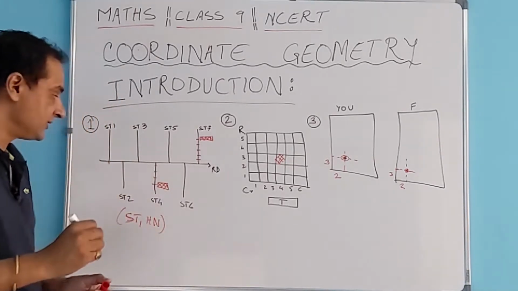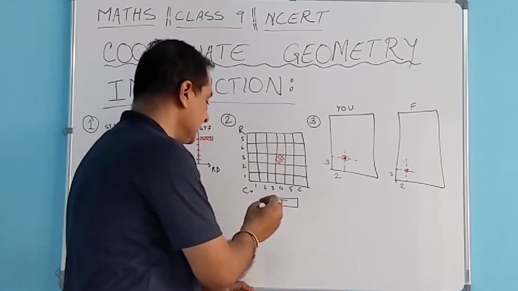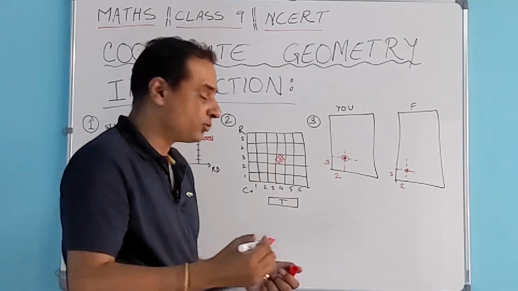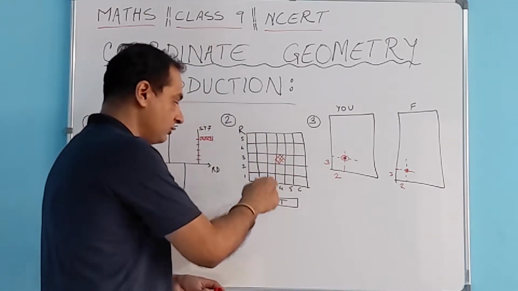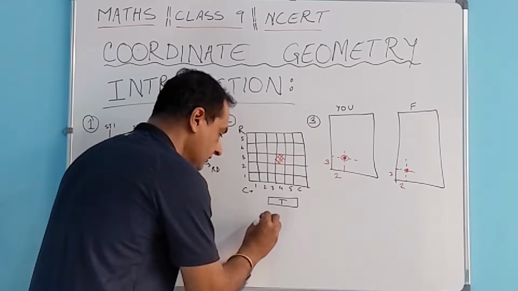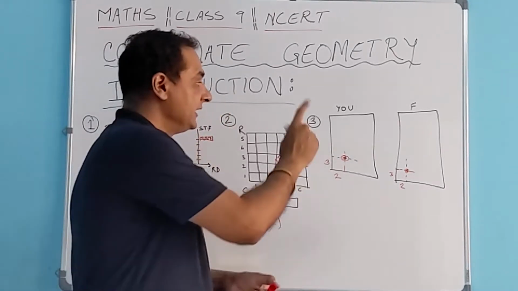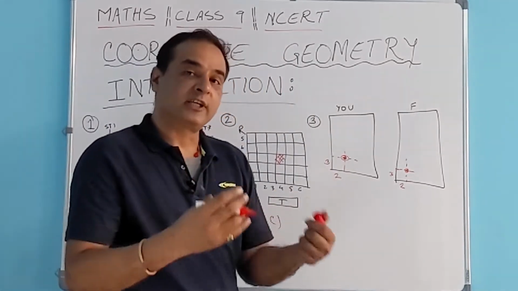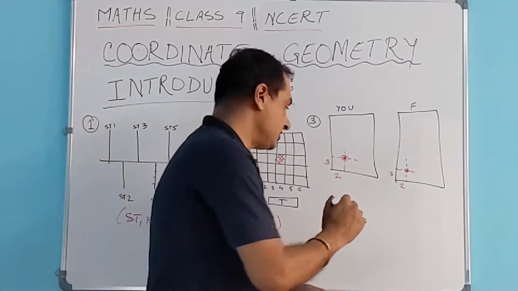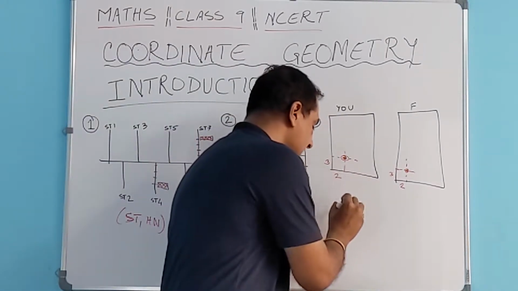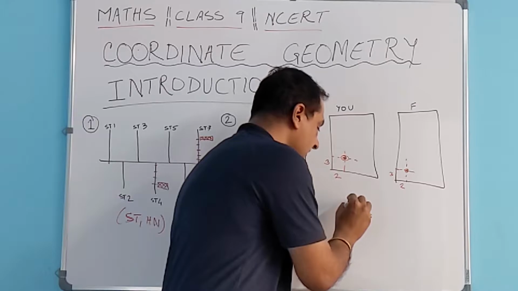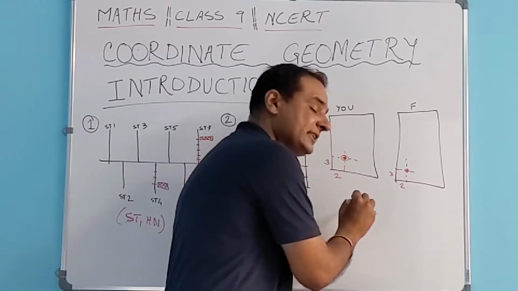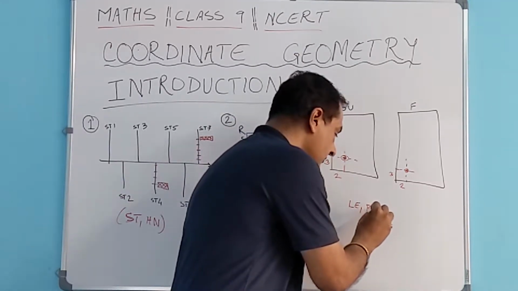Two pieces of information. In the same way, if you look at the seating arrangement, you are identifying the location of a student by two pieces of information: one is row and the second one is column. Row and column. In this case, if you are looking to locate a point, you are using two pieces of information, which are the distance from the left edge and the distance from the bottom edge.